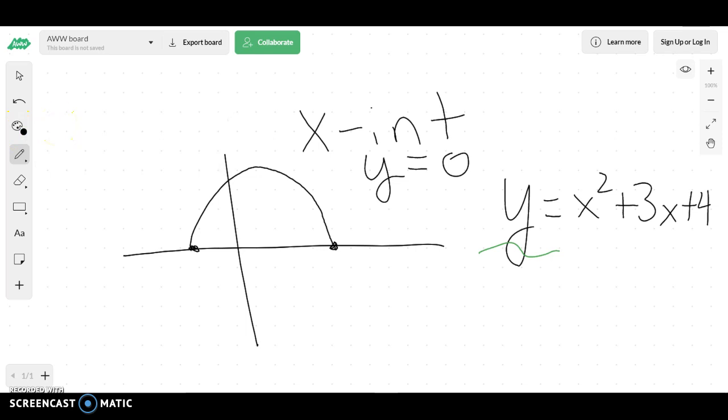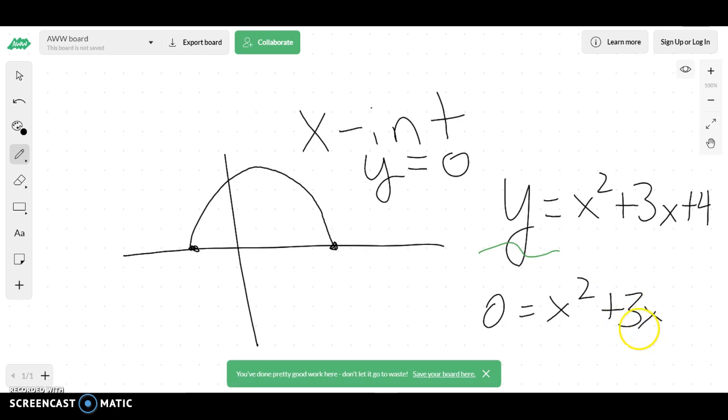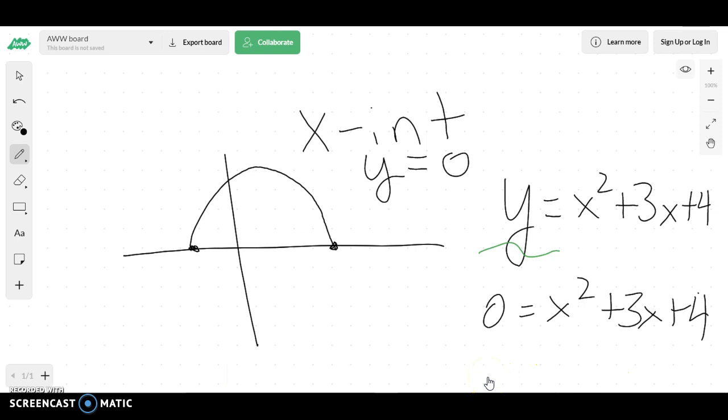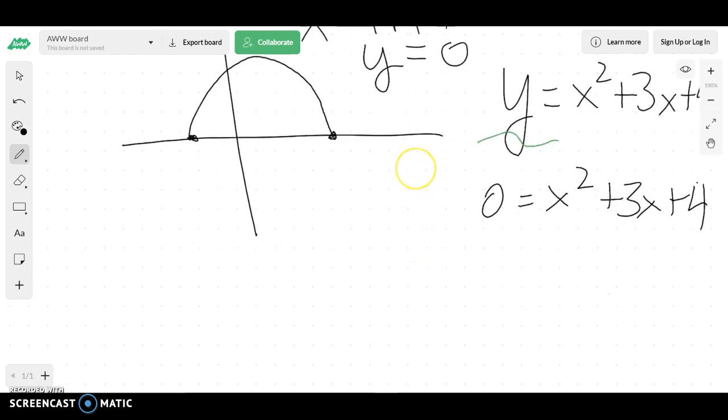Today, we're not going to worry about things that have 3 terms. We're only going to worry about things that have 2 terms, or no b term. So we're going to solve stuff that doesn't have a b term.